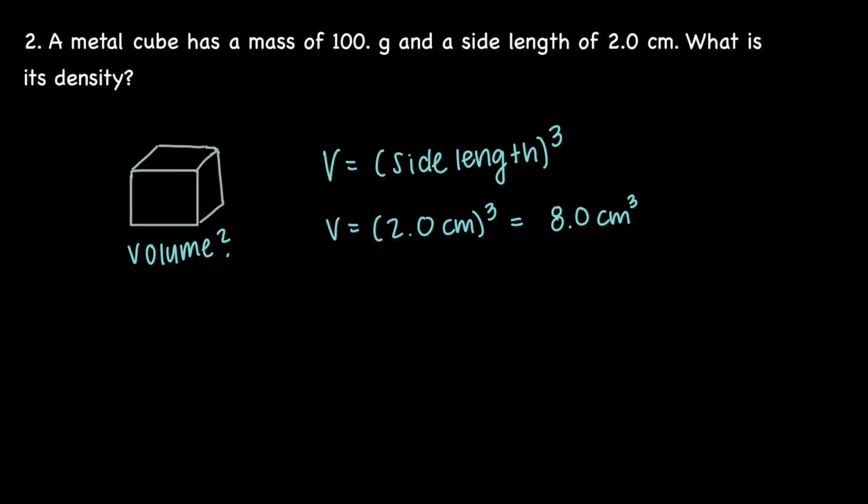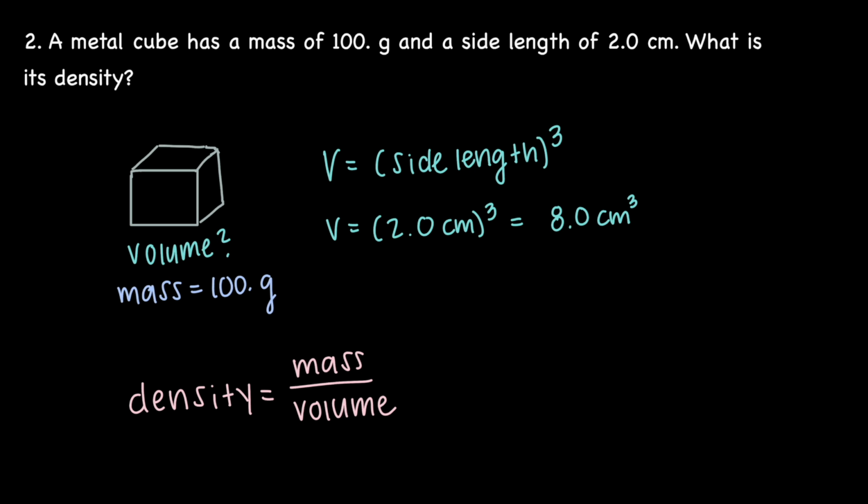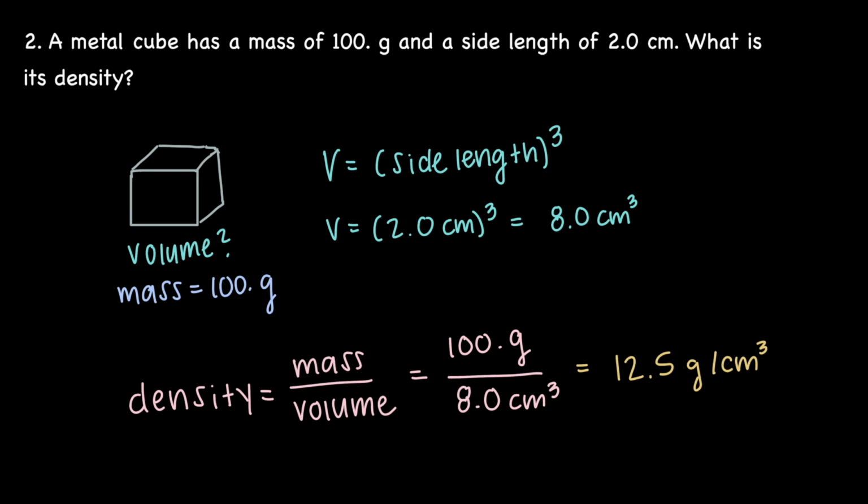The mass of the cube is 100 grams. To find density, we divide mass by volume. 100 grams divided by 8.0 cubic centimeters equals 12.5 grams per cubic centimeter. The density of the metal cube is 13 grams per cubic centimeter with the correct number of significant figures.